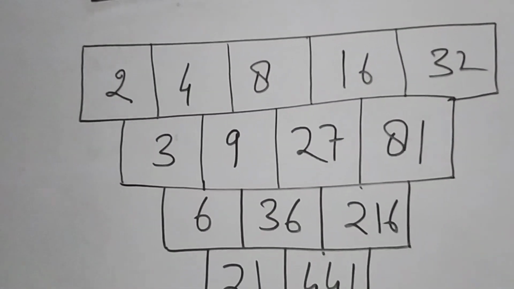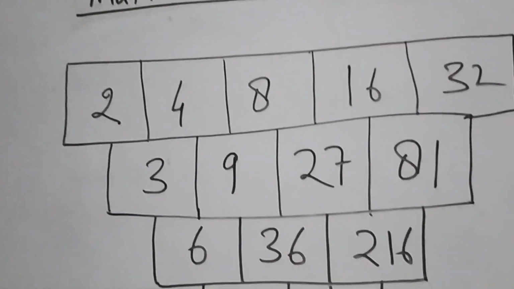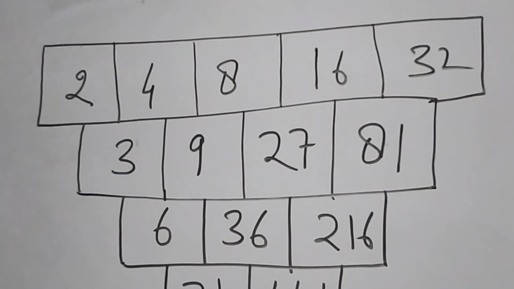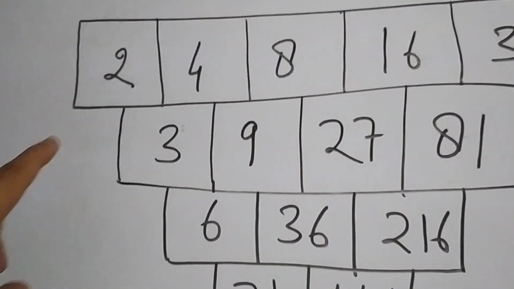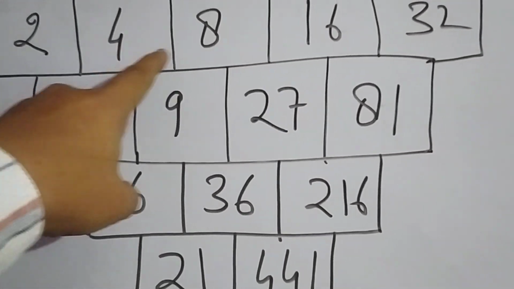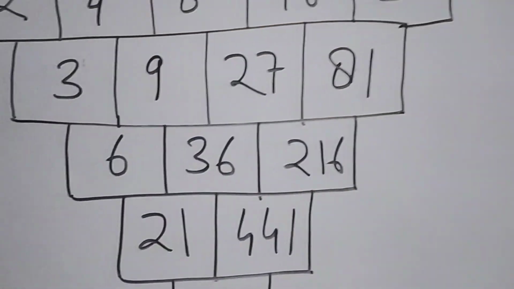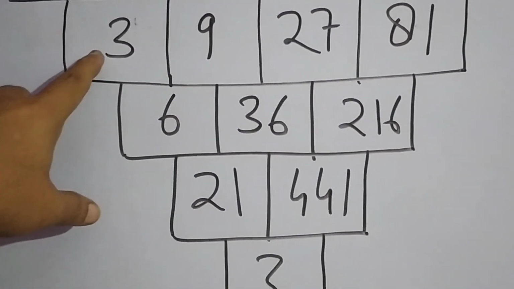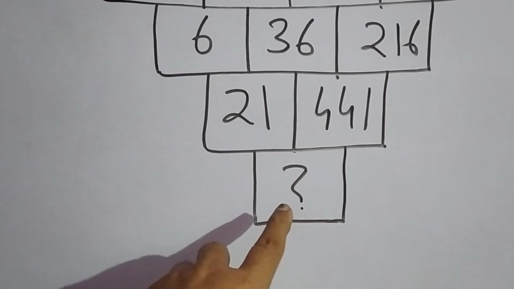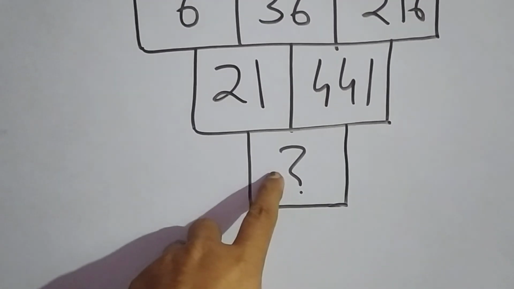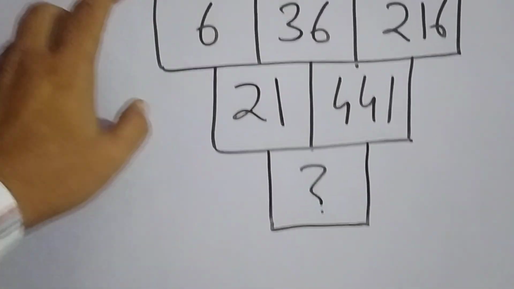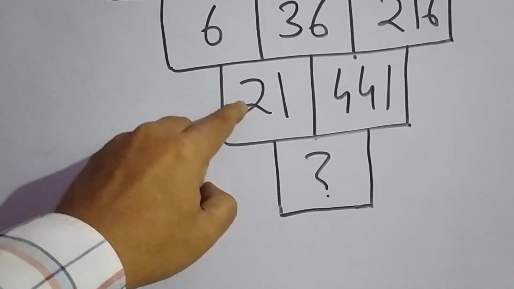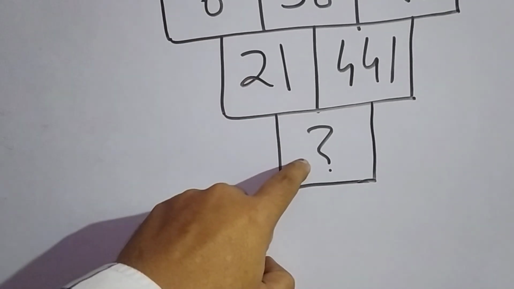The pattern will follow in all the rows. Here is 2, 4, 8, 16 and 32. This is 3. What we have to calculate is the number in the last square. 2, 3, 6, 21. No apparent pattern.